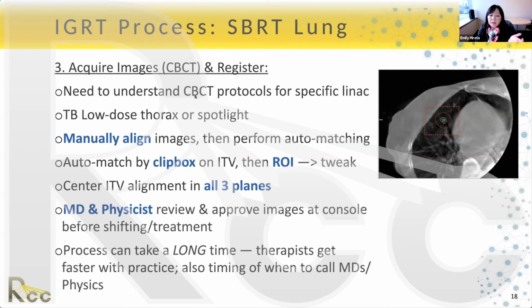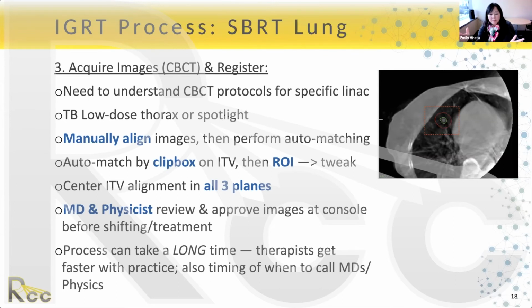But I do want to emphasize that each LINAC comes with its own set of standard protocols, and it's really important to go through and read the manual and talk to the vendor and get training on understanding what those different protocols are. In terms of aligning for registration, generally speaking, we acquire the cone beam CT, the therapist will manually align the image. It's a gross alignment.